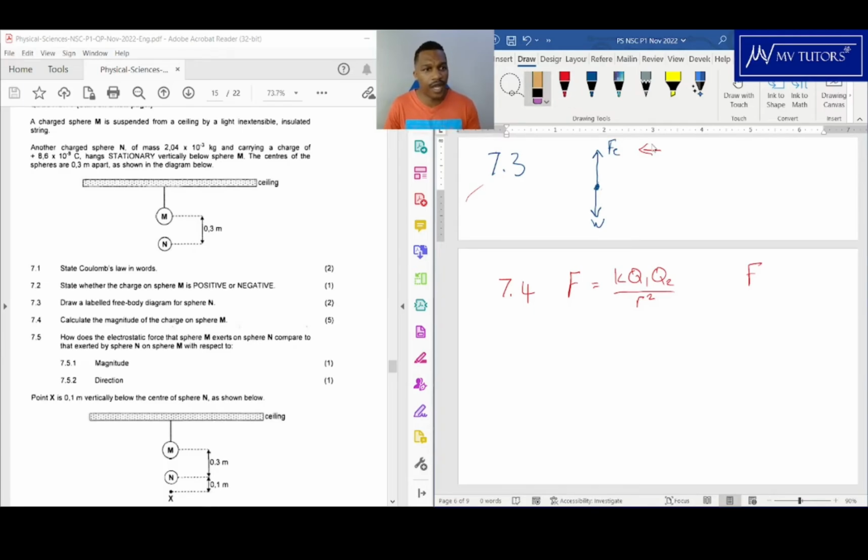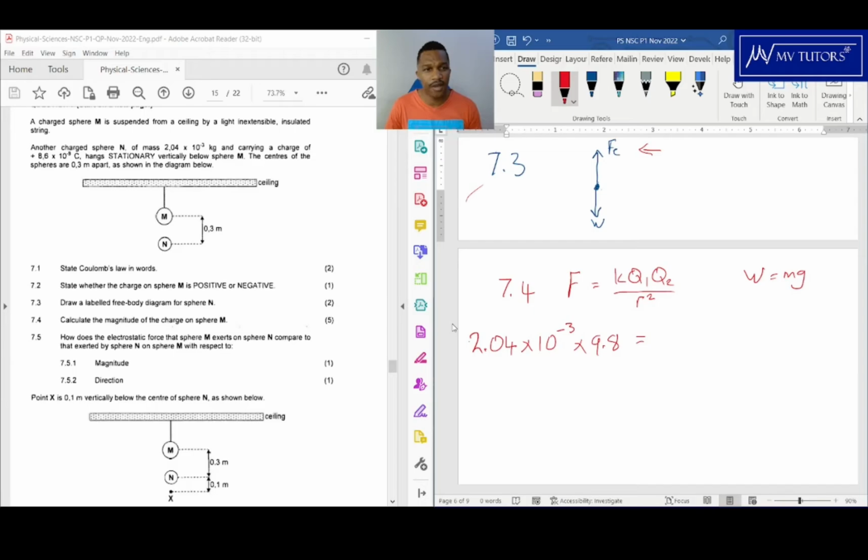Remember, when we're calculating weight, we always say it is mass times gravity. So what's the mass that we've been given? The mass we've been given is 2.04 times 10 to the negative 3, and then that's times 9.8. So we just did mg. Now that's going to be equal to k.